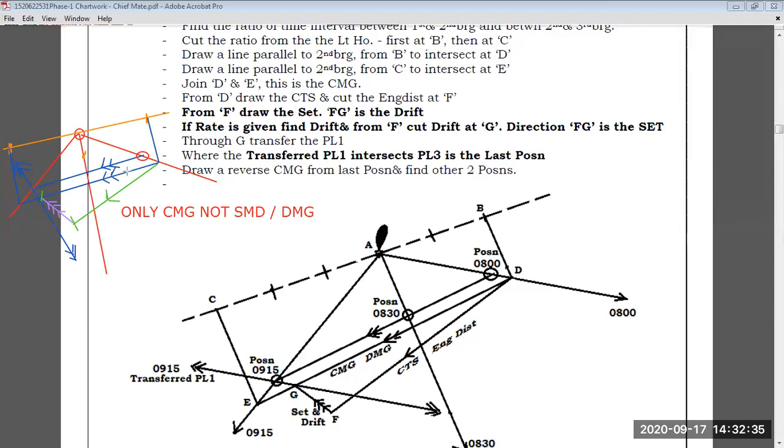So we transfer the initial 0800 PL to this third point, and wherever it cuts the third PL, from there we transfer the course made good parallelly, and wherever this course made good line is cutting, that will be all the positions. This is 0800 fix, this is 0830 fix, and this is our 0915 fix.